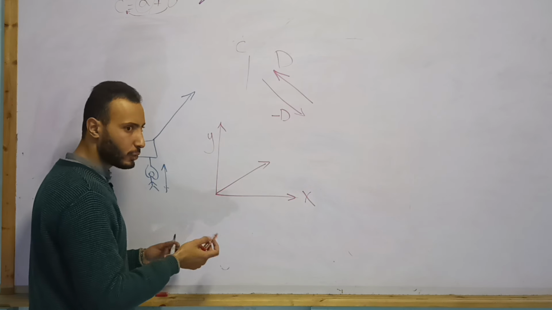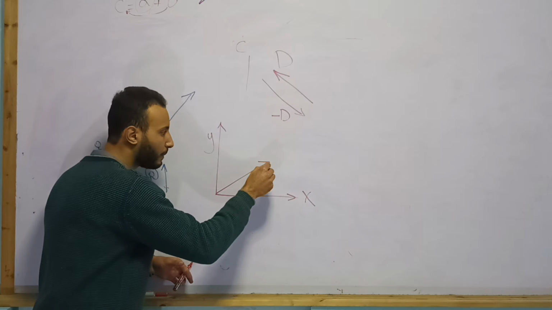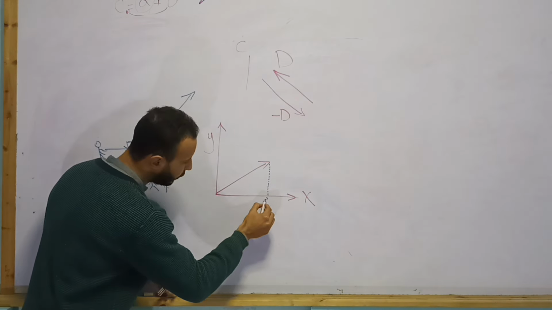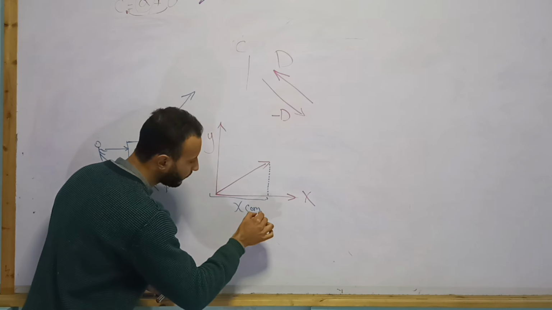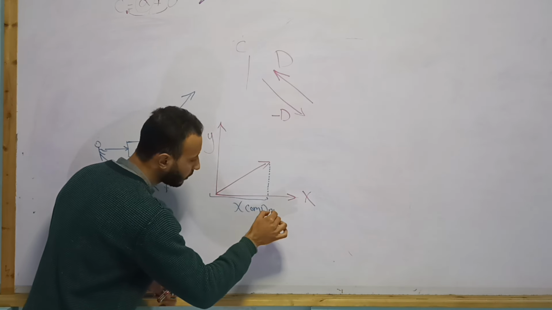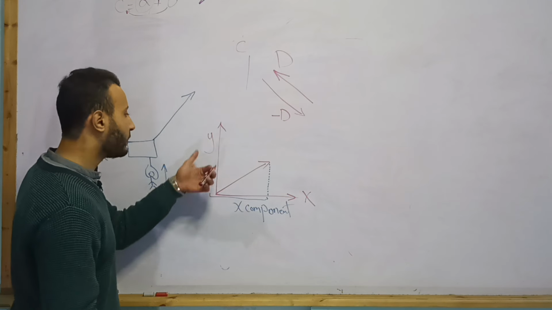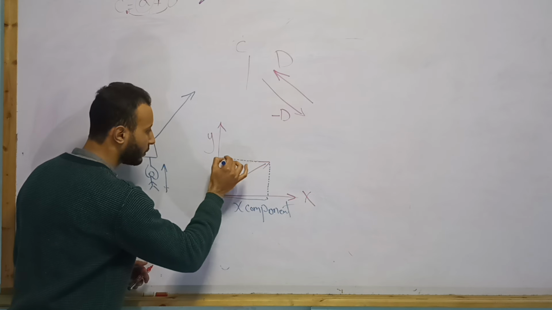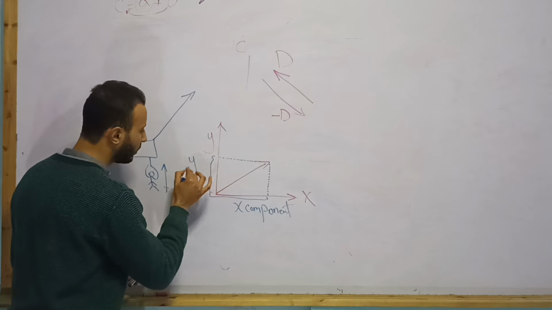To get the x component, you make a perpendicular line to the x. This part is called the x component. And if you also make a perpendicular line to the y, this part is called the y component.